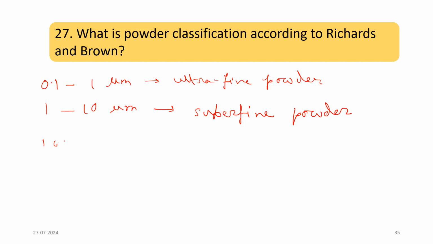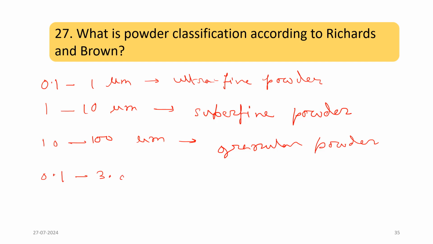Next comes 10 to 100 micrometer, which is granular powder. The fourth one is 0.1 to 3 millimeter, that is granular solid.